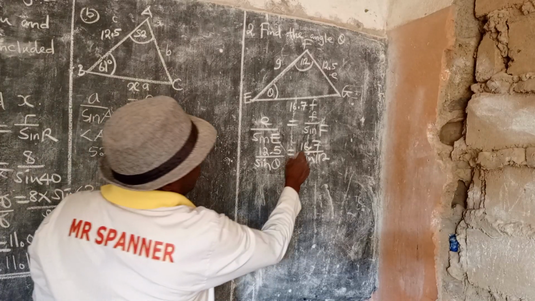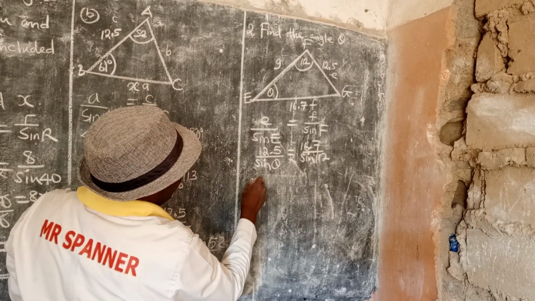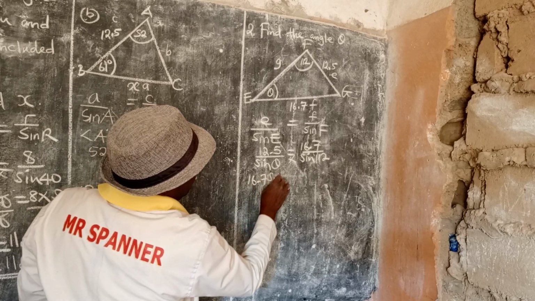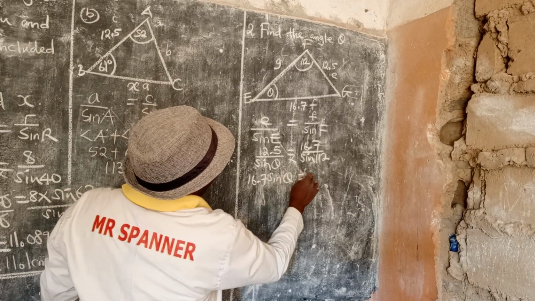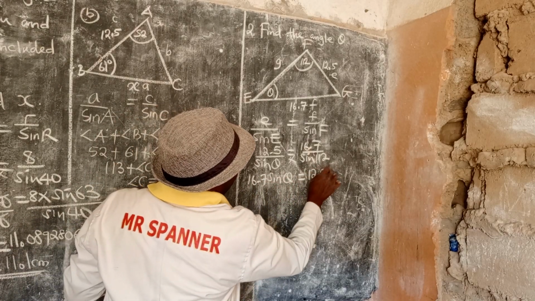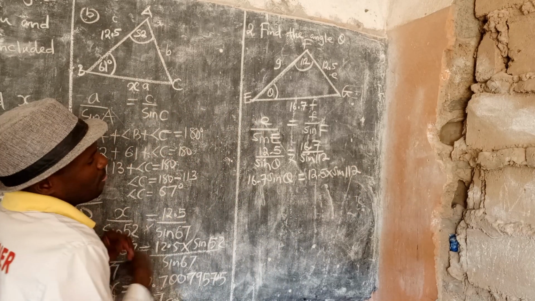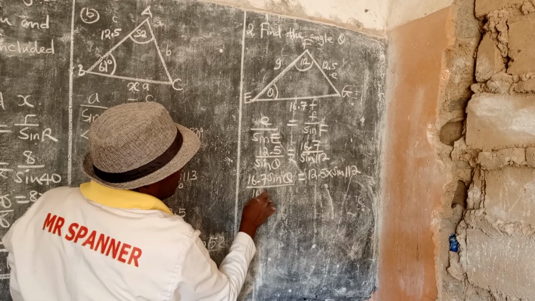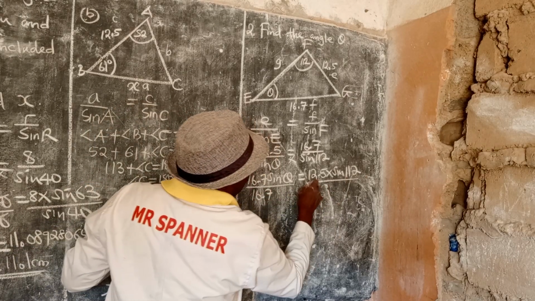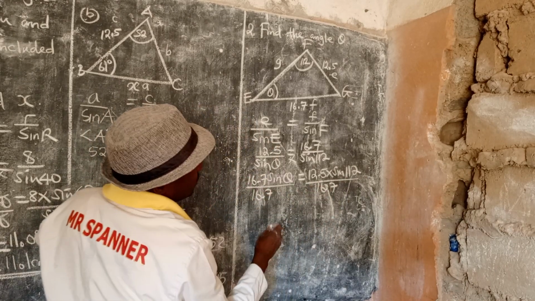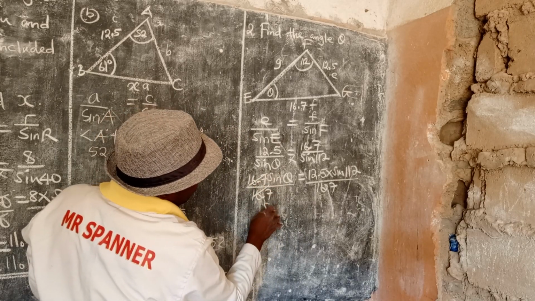Cross multiply. If you cross multiply, you're going to have 16.7 sine theta is equal to 12.5 times sine 112. Therefore, you divide both by 16.7, so that this and this cancel out.